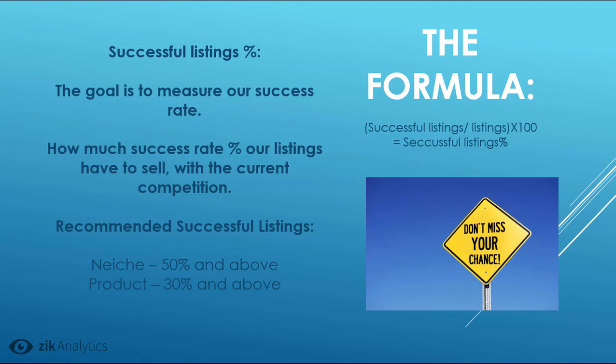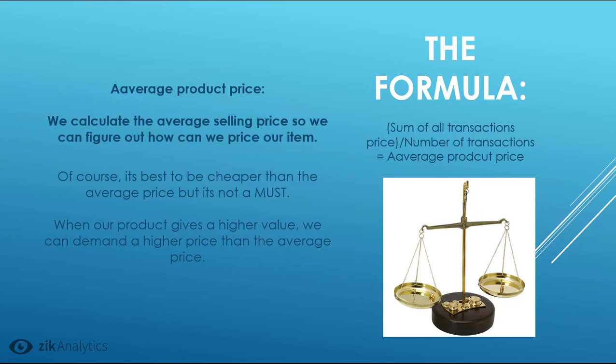Next we have the successful listings, which shows what percentage chance we have to sell our item if we join the competition. That's all the listings that were sold, divided by all of the listings and multiplied by 100. The last one is the average product price, where you take the revenue of all the transactions, divide it by the number of transactions, and you get the average product price.